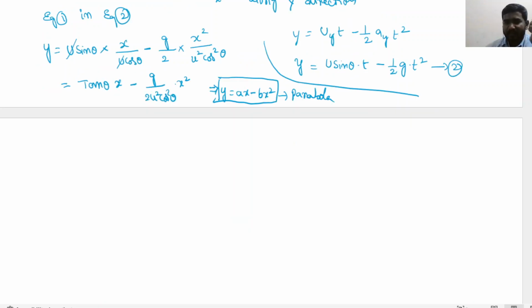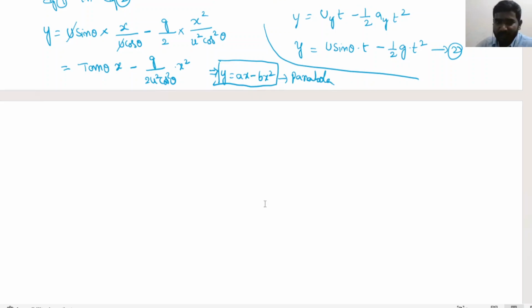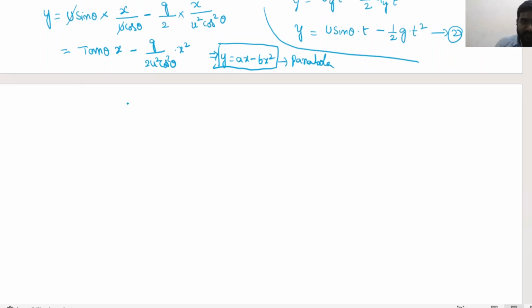Now here you can see, further we will extend this one. Equation of trajectory: y equals tan theta times x minus g divided by 2u square cos theta into cos theta, you can write like that, into x square.